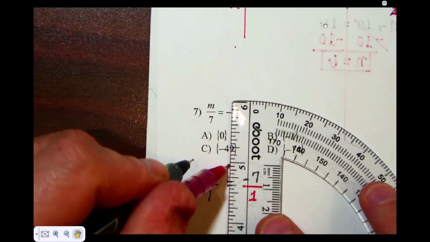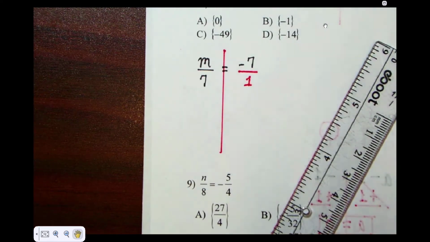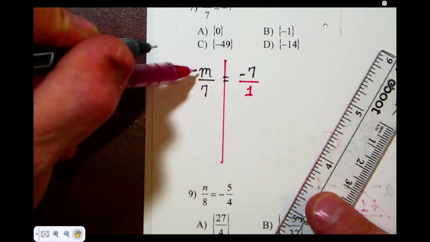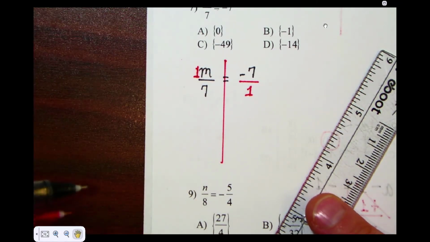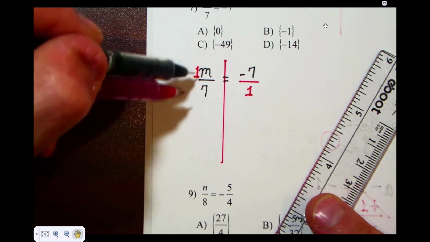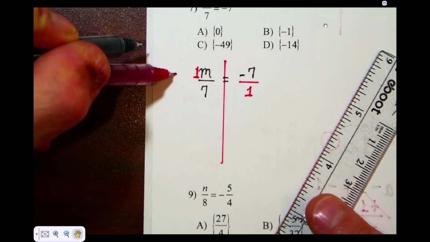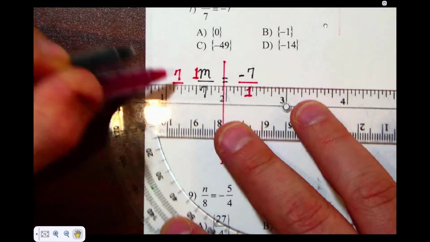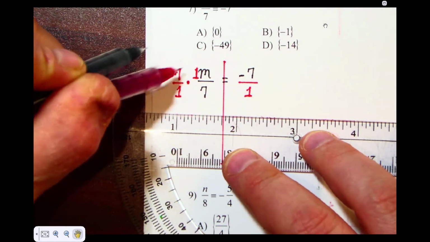Okay? Now, the other thing we need to do is put a 1 in front of the m. Now we flip it, ladies and gentlemen. So instead of 1 over 7m, we'll do 7 times 7 over 1, like this. And you're multiplying. And so it's like 7m.